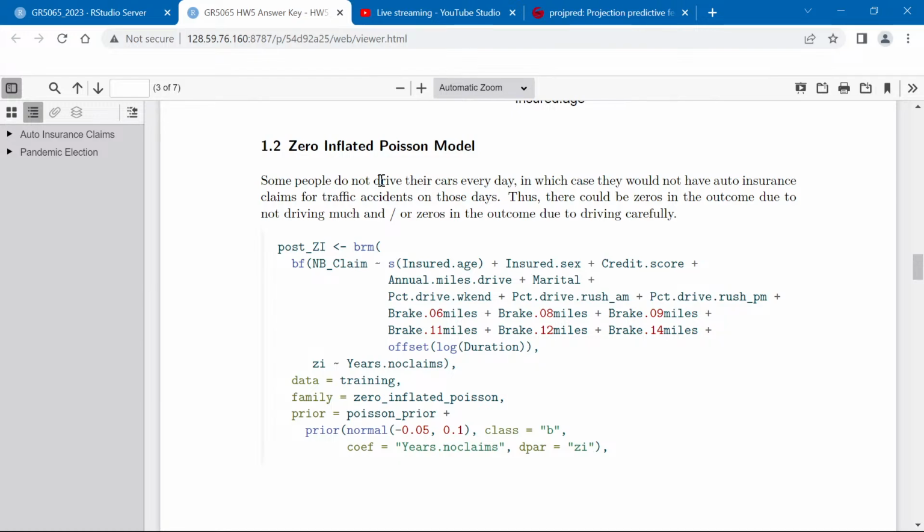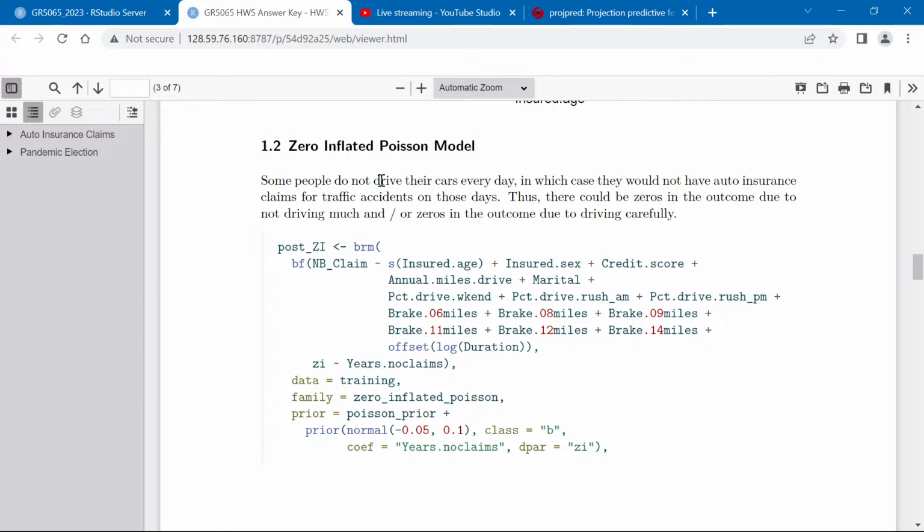So when you have zeroness, you're going to have that as being a mixture of people who just don't drive very often, in which case they don't have a whole lot of traffic accident claims. They might if their car gets broken into, or somebody crashes into it while it's parked on the street, or hail damages it, or whatever. But anyway, if you don't drive that much, you're not going to have that many traffic accidents.